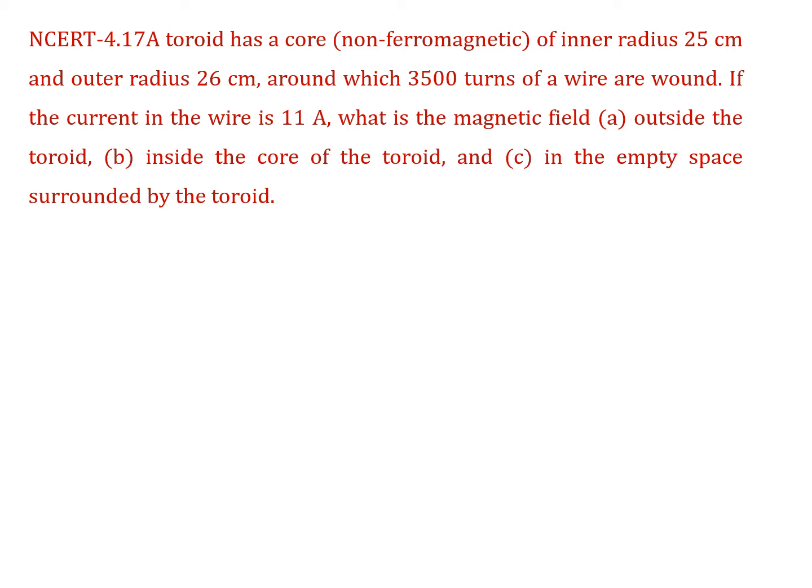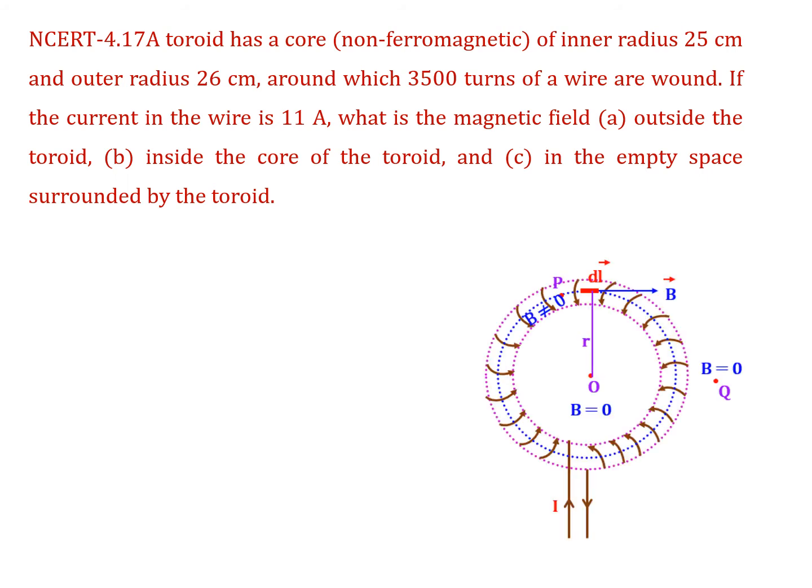If the current in the wire is 11 ampere, what is the magnetic field outside the toroid, inside the core of the toroid, and in the empty space surrounded by the toroid? We know the magnetic field outside the toroid is 0 and also the magnetic field in the empty space surrounded by the toroid is 0. So the answer to A and C is that the magnetic field is 0.